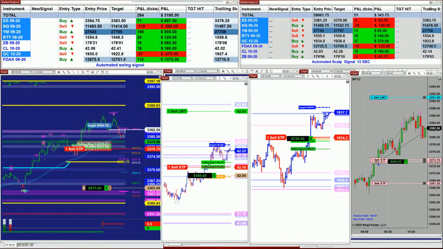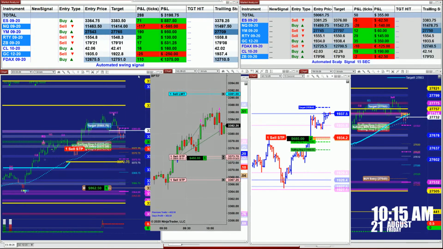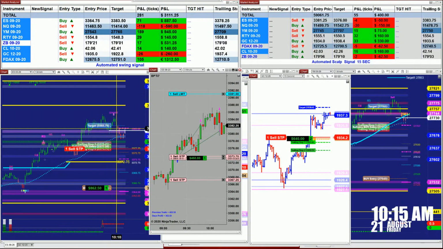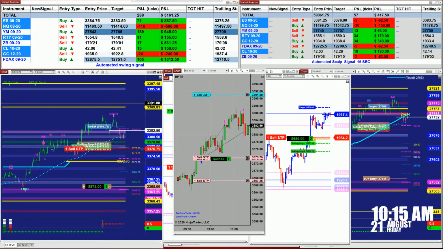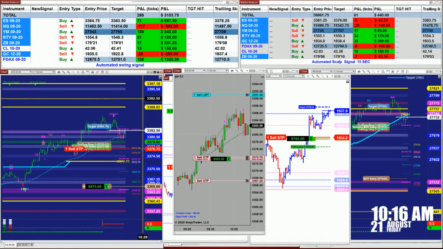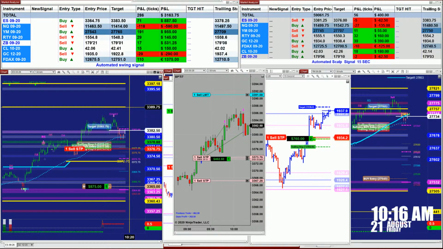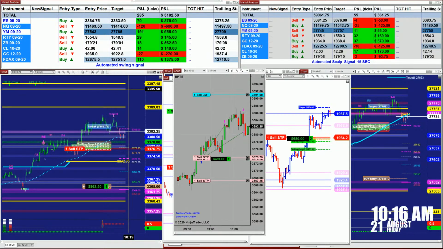And this is exactly the ES I can see from the technical side. This is a pullback, and now everything has changed. Now we are changing our target to the 18,975 and 33.95.